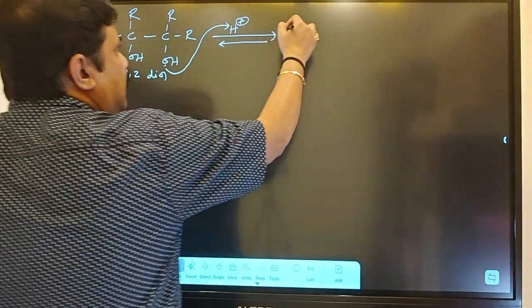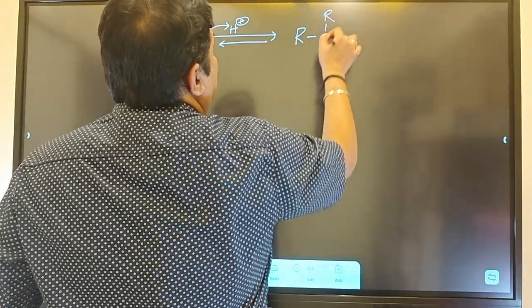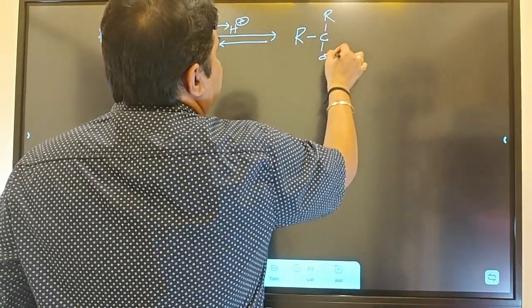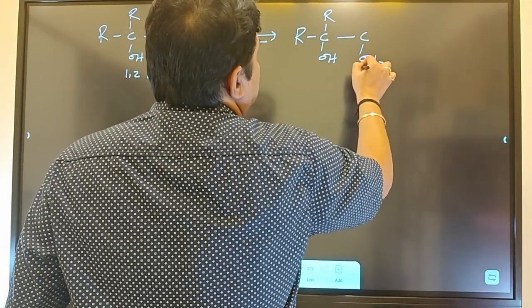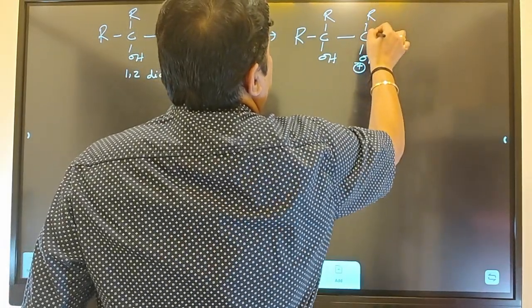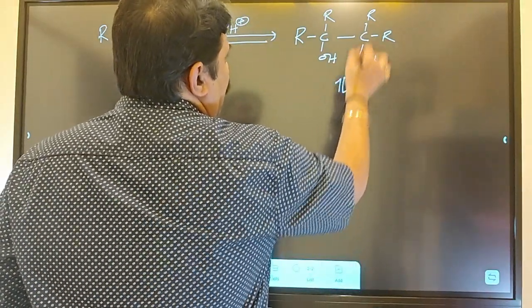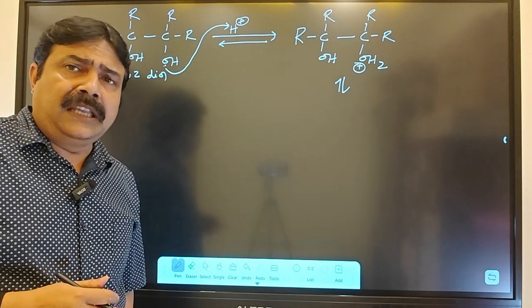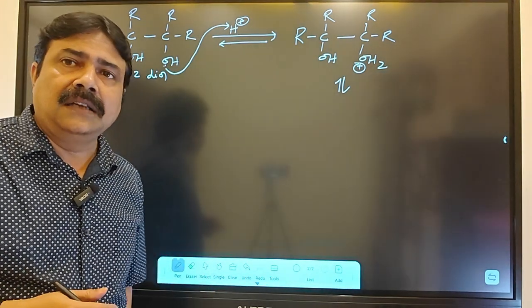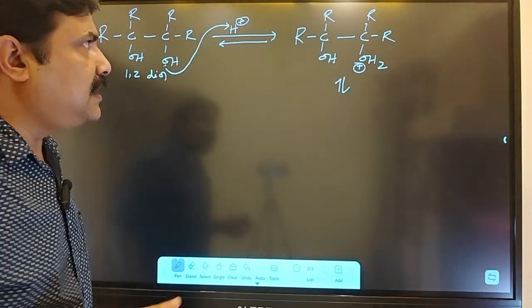So then immediately you will get R, OH, and then OH2 plus, and R. Now it's a reversible reaction. Now oxygen is a highly electronegative element. If there is a plus charge on that element, then immediately it wants to neutralize by taking the electron pair from the carbon.